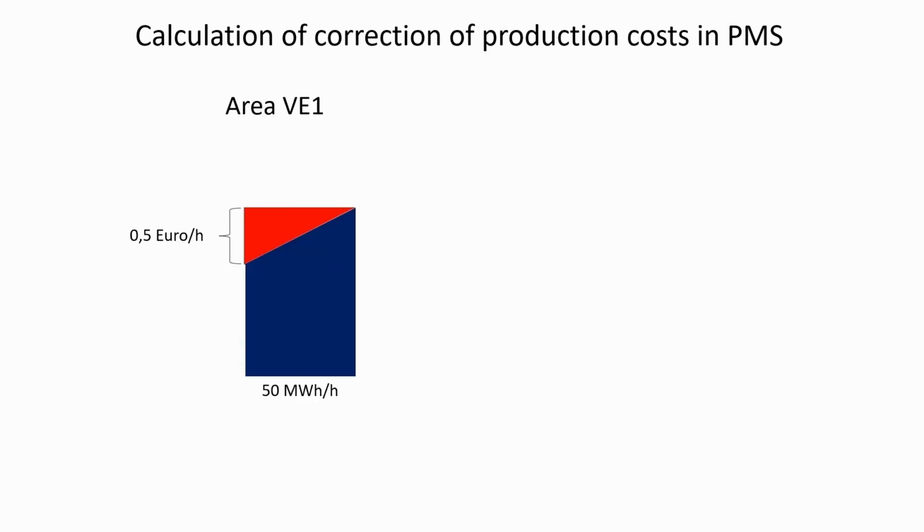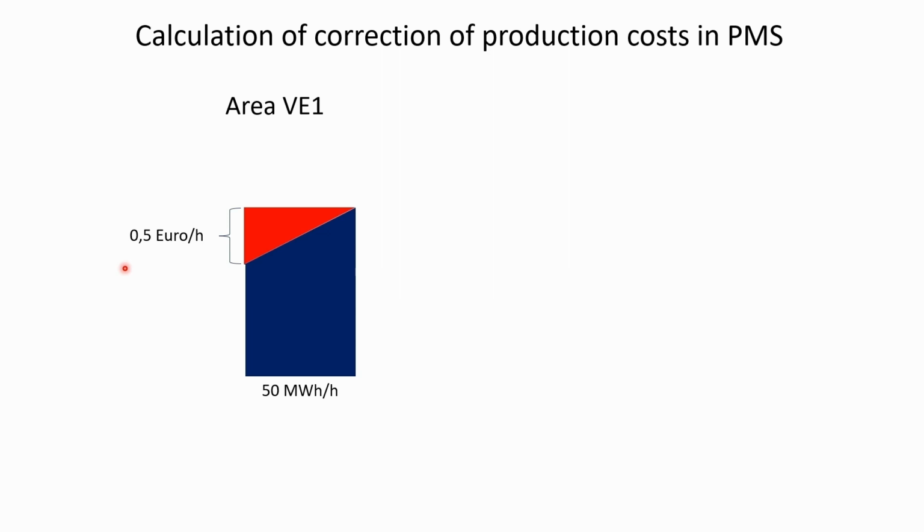We will start here by looking at area V1. In V1 we have these power plants here with a capacity of 50 megawatts. And we also know from the textbook that each time the production will increase by 50 megawatts, the marginal price will increase by 0.5 euros.